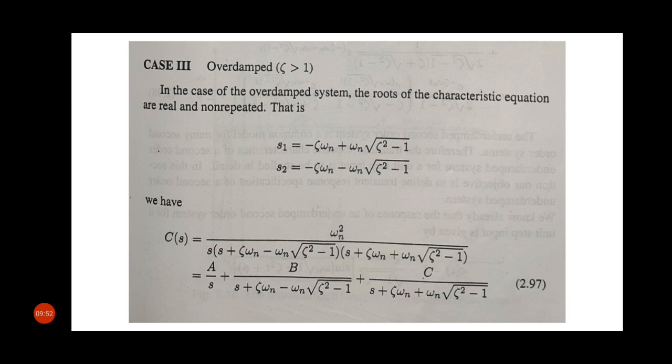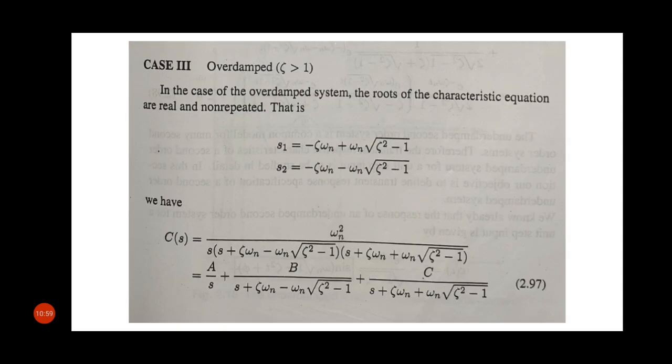That is, the first root s1 equals minus zeta omega n plus omega n root under zeta square minus 1, and s2 equals minus zeta omega n minus omega n root under zeta square minus 1.